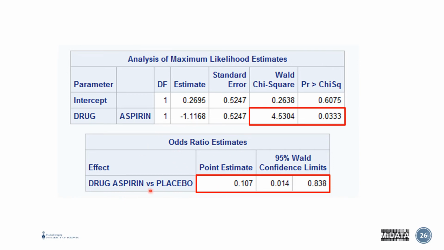So in this case, it's drug versus placebo. And you'll remember in the previous slide, we showed that comparison. And so the point estimate is 0.107 with the confidence limits of 0.014 to 0.838. And you'll remark here that it does not contain 1. Your confidence limits do not contain 1. And this means that there is a significant difference. And this is reflected up here by the p-value being less than 0.05.